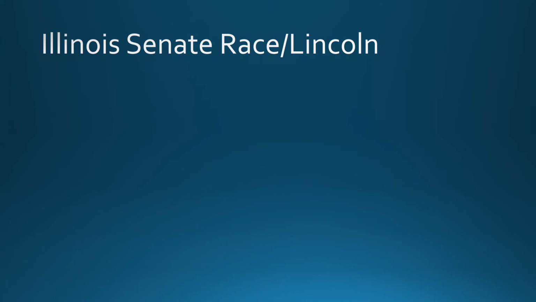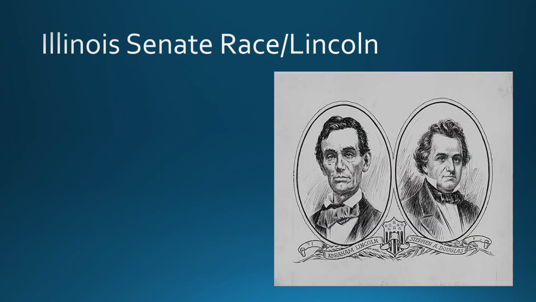Okay, against this backdrop, there's something going on in the state of Illinois that is worthy of mention. A lot of that has to do with the fact that this is where we're going to see the emergence of a new major leader, Abraham Lincoln. So, in the Senate race of 1858, which will basically garner national spotlight, we have Stephen Douglas against Abraham Lincoln.